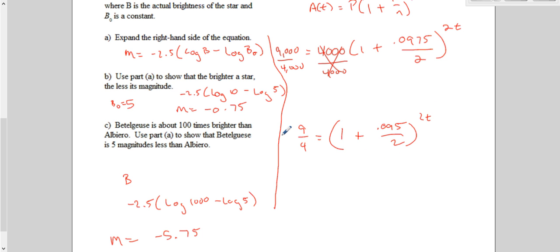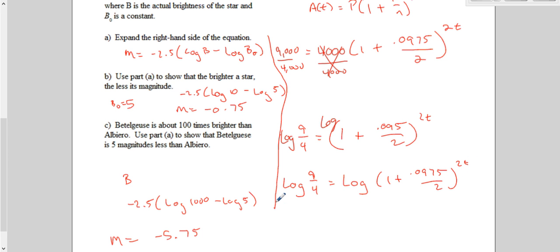So now I'm going to do the log of both sides. So I get log of 9/4 is equal to log of 1 plus 0.0975 over 2 to the 2t.